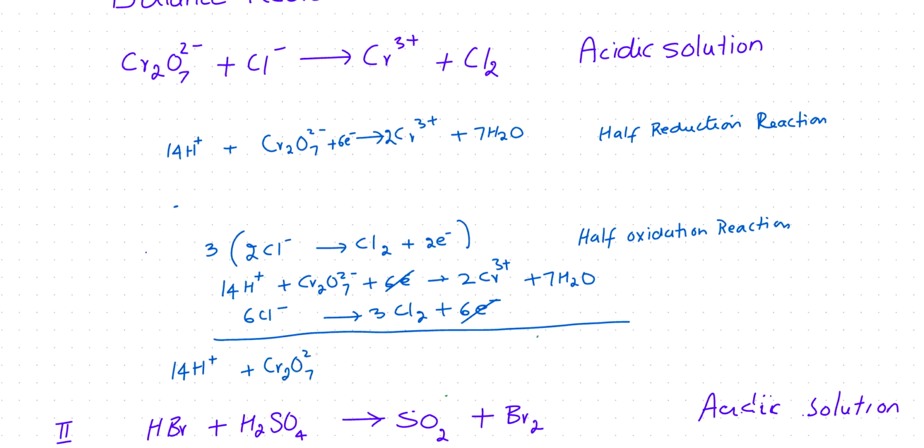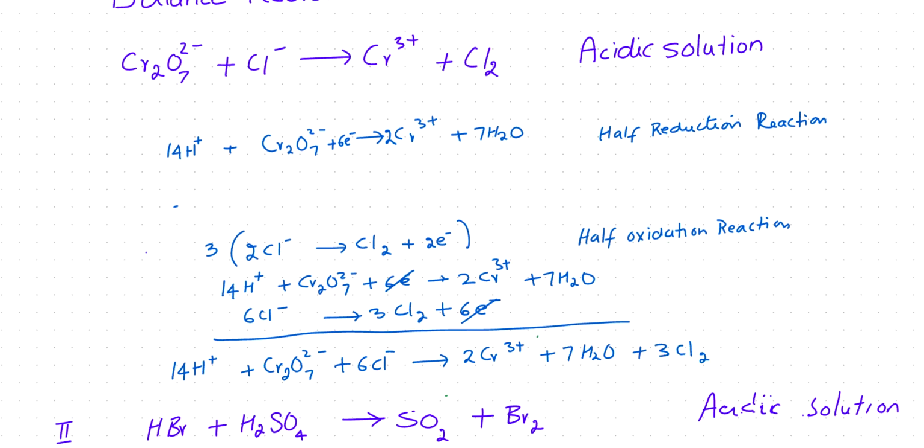All the reactants we write on one side, and after the arrow we have all the products. So we have 2 Cr3+, 7 water molecules, and 3 Cl2. So this equation is balanced.